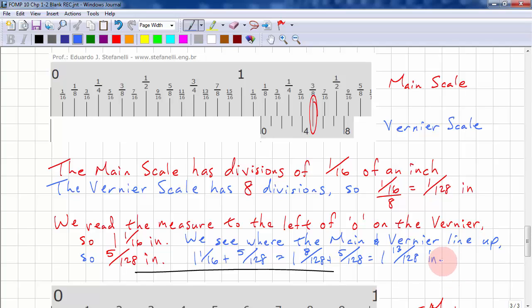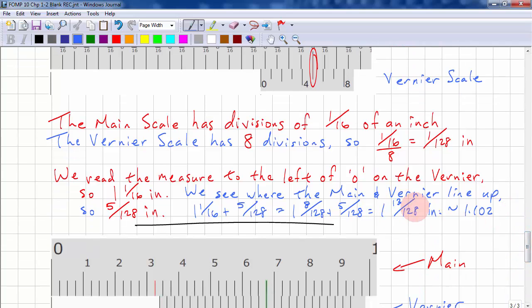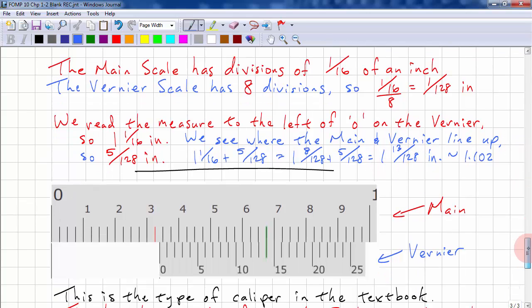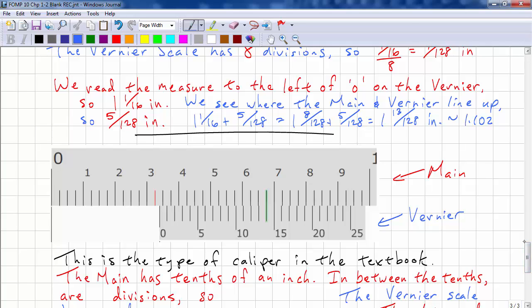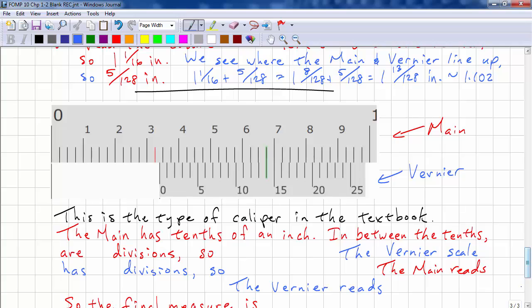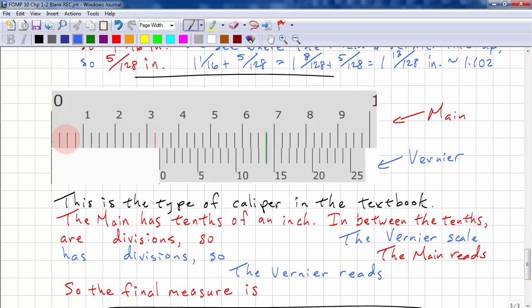And this is approximately 1.102. However, the fraction is more accurate since it's not an approximation, so sometimes we leave this as a fraction. Some calipers work out to exact decimal values, for example this one. The main scale has tenths of an inch, and then we have 4 divisions within the tenths.